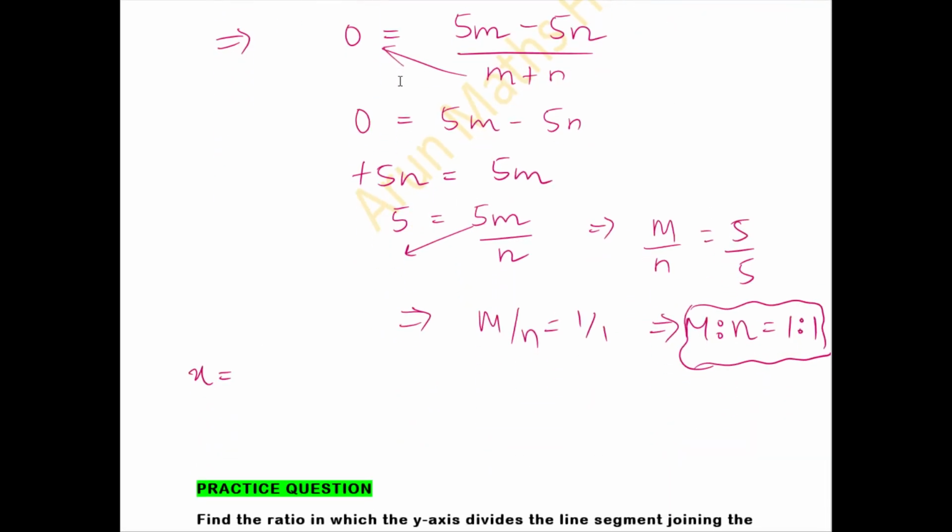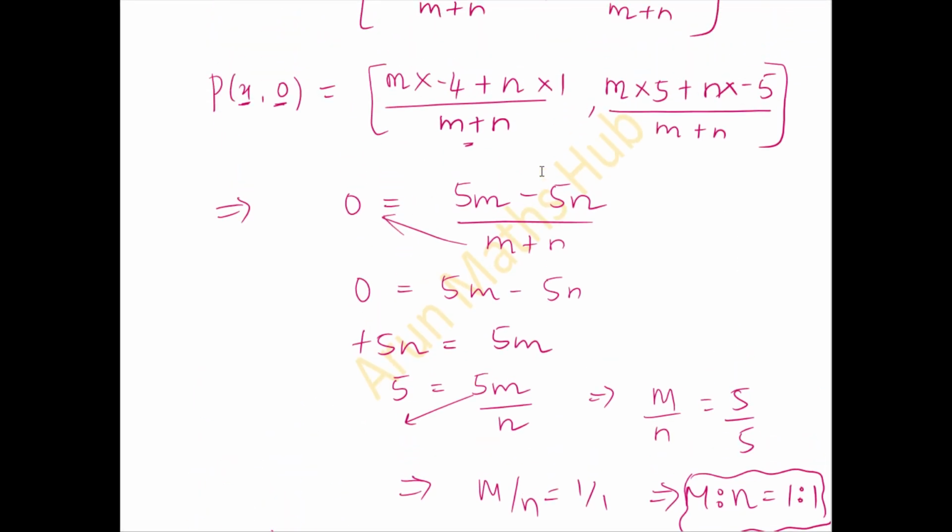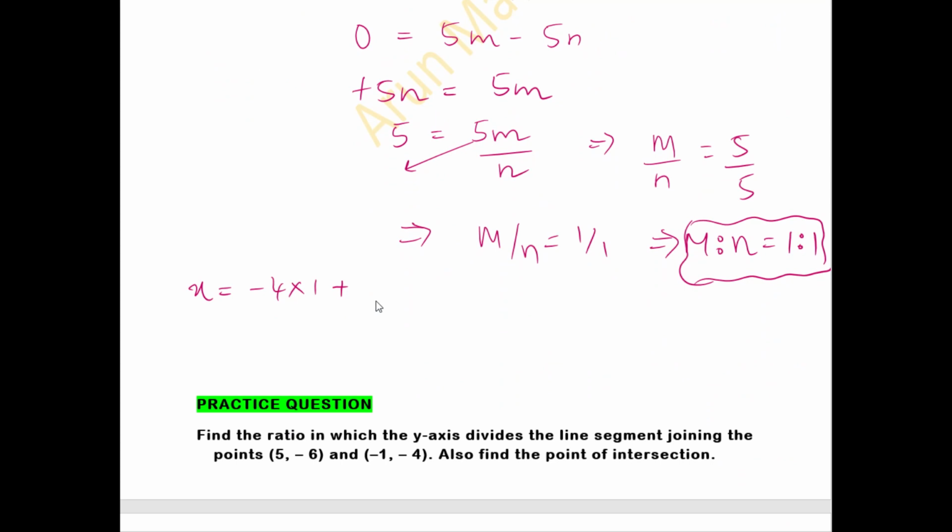X equals -4 into m is 1, plus n is 1, into 1, divided by 1 plus 1. Minus 4 plus 1 divided by 2, which is equal to -3 by 2. Therefore the x coordinate is -3 by 2.